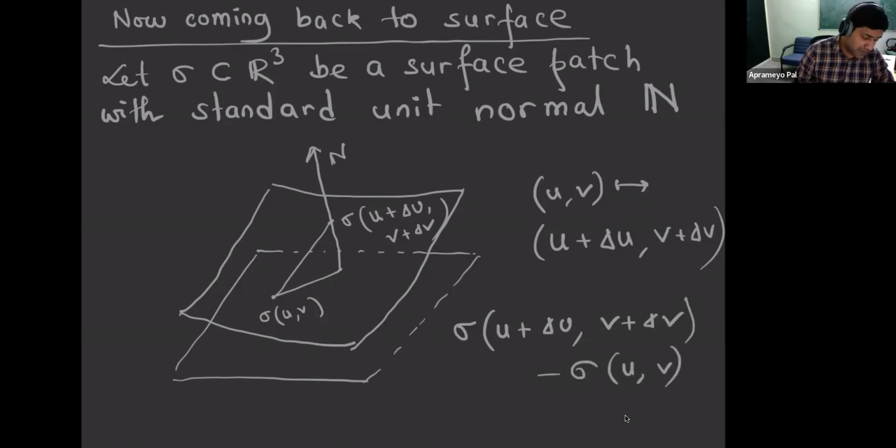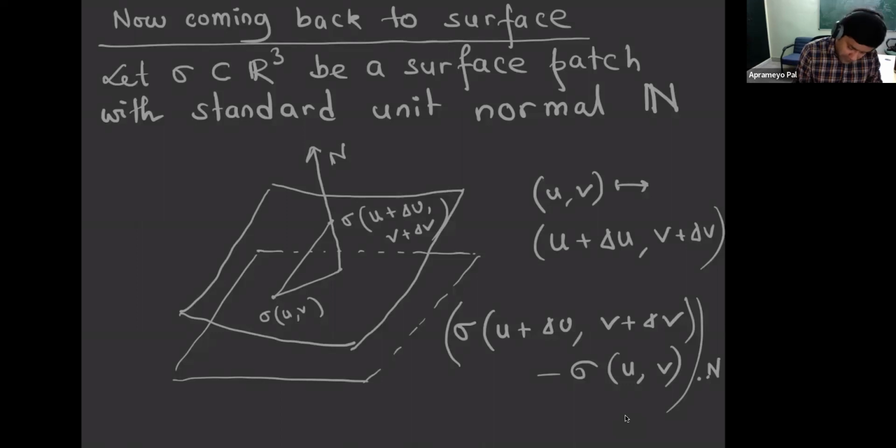That's the deviation. Now again, similar to the curve, what's the distance the surface moves away from the plane through (u,v)? It's parallel to the tangent plane by a distance, then you take the dot product with n, the normal. It's exactly similar to what we did in the case of the curve.